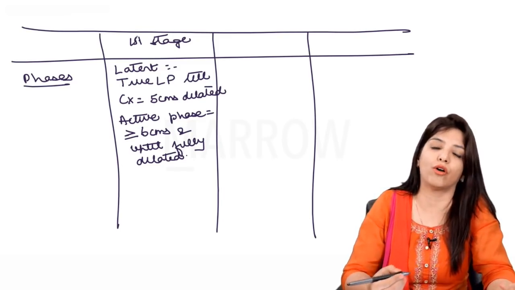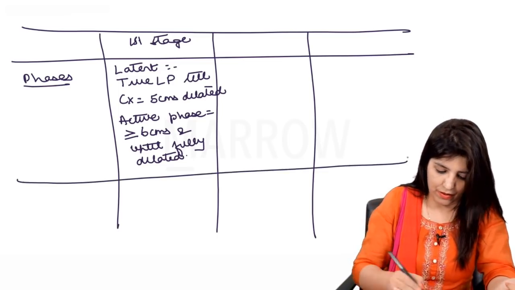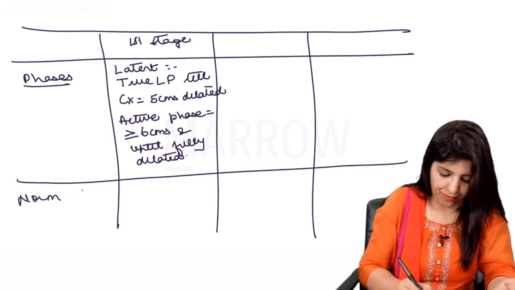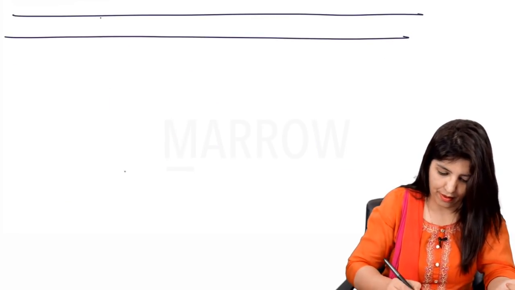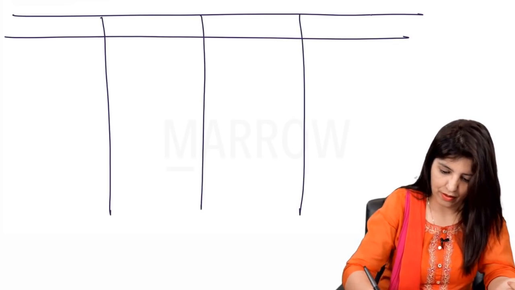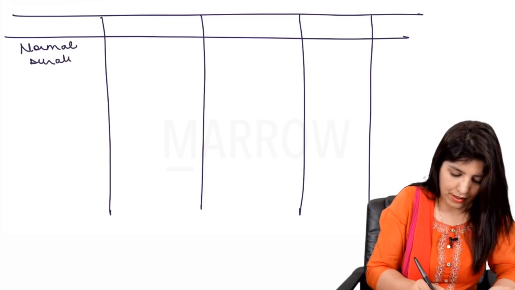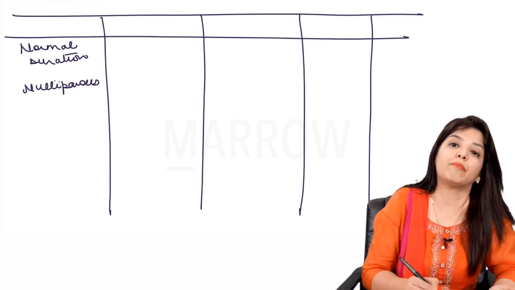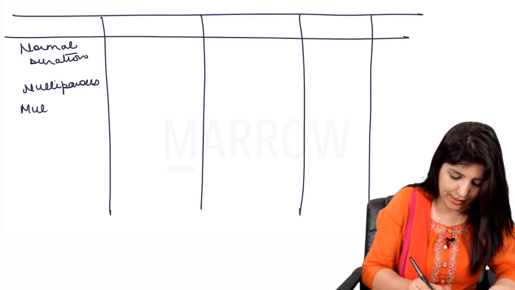Now, what is the normal duration of each of these stages and phases? Normal duration. So, I am again taking it on the next slide. You continue your table there. The normal duration in a nulliparous female. What do you understand by a nulliparous female? A female who's never given birth, that is a nulliparous female, and in a multiparous female, right?